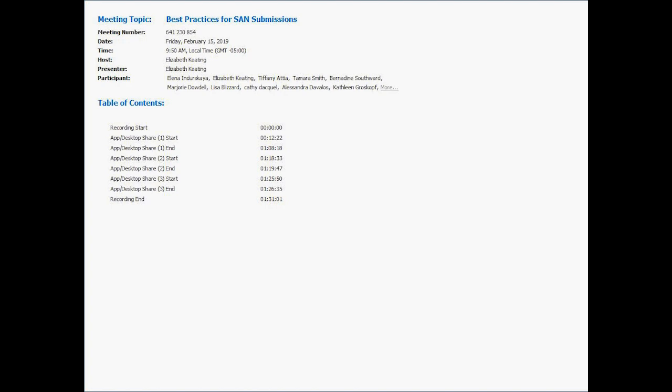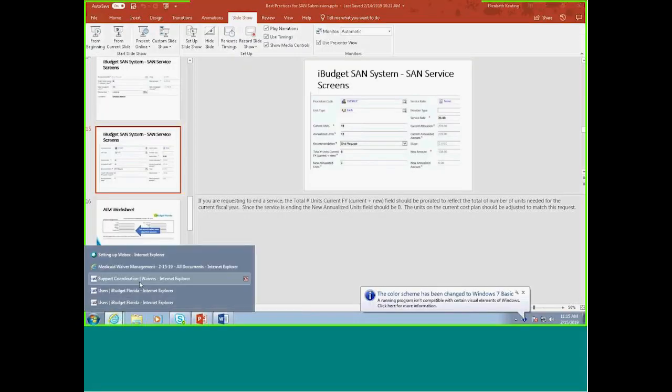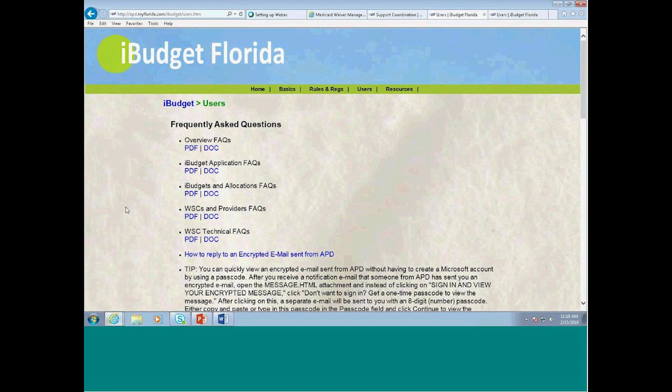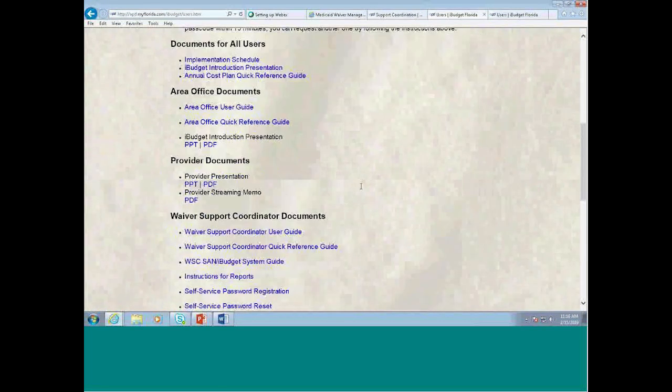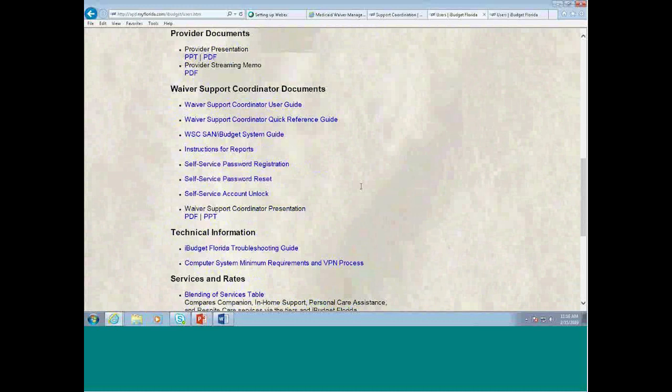Can you send out the correct current rate descriptors for Red Tab? It's on the website, in the iBudget waiver website under users.